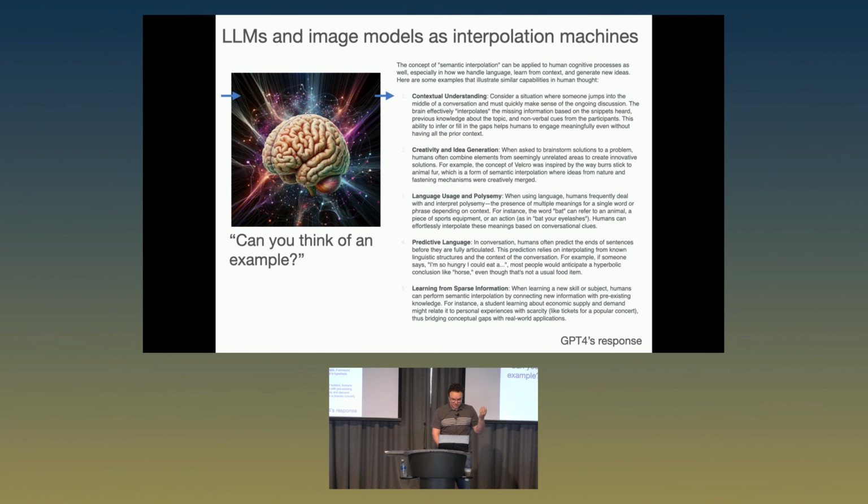Creativity and idea generation: combining elements from seemingly unrelated areas to create innovative solutions. Definitely does that. Polysemy, I didn't even know what this word meant until yesterday when I was looking this up. This is when words have multiple meanings in different contexts. These models can figure that out, no problem, based on the context in which you make your query, which is amazing. They can predict the ends of sentences.